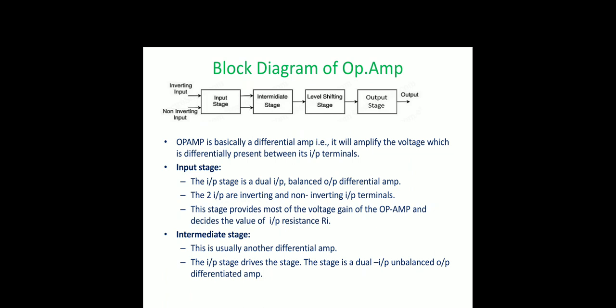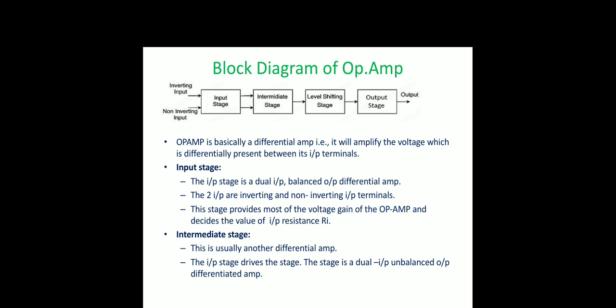The input stage is equal to a dual input and balanced output differential amplifier, followed by intermediate stage, level shifting stage, and class B push pull emitter follower, that is output stage.